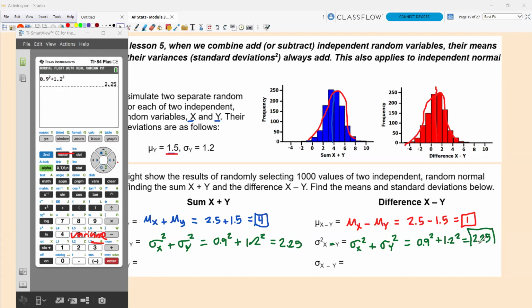So once you square their standard deviations and add them together, then you can simply take the square root to get their combined standard deviations. And so the square root of 2.25 for both cases is going to be, I believe, 1.5. Let's do that real quick in this calculator. And there you go.